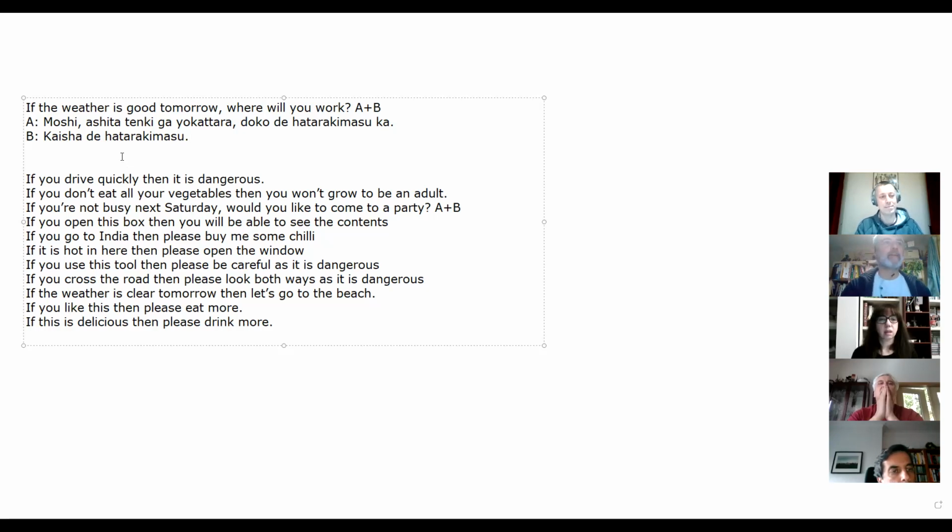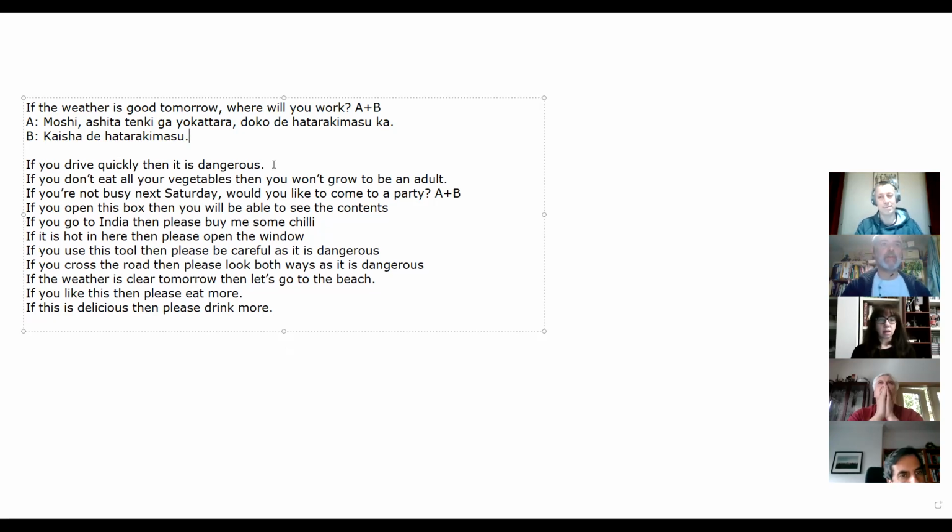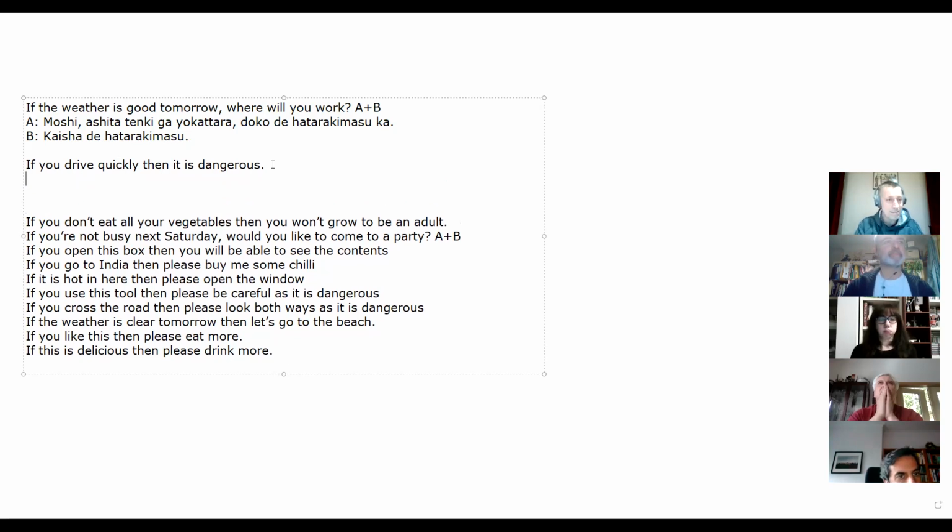Kim, how would you say if you drive quickly, then it is dangerous? This one. I'm not sure if you use moshi in this. Well, it is hypothetical, really. So moshi.